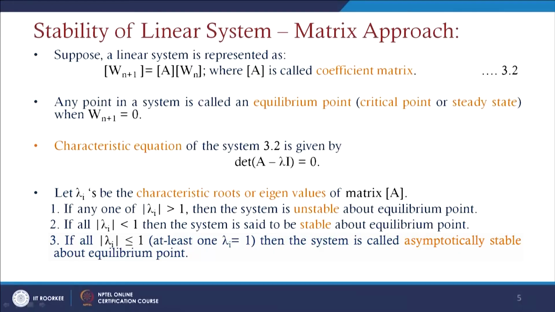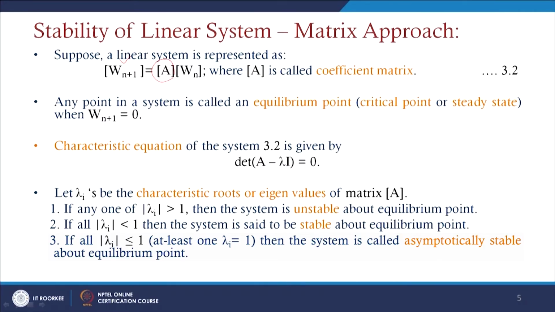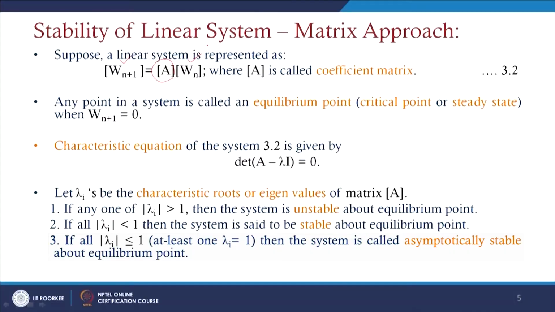That is, we represent this system in the form W_{n+1}, which takes the two population levels T_{n+1} and D_{n+1}, and can be represented with the complete matrix A, which has the coefficient elements of T_n and D_n as 1 minus a, b and minus d, 1 plus c. Then it is multiplied with T_n and D_n, so we write W_n as the vector which takes the values T_n and D_n, where A is called the coefficient matrix.